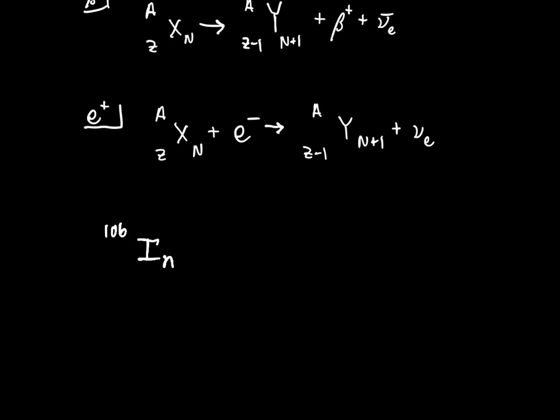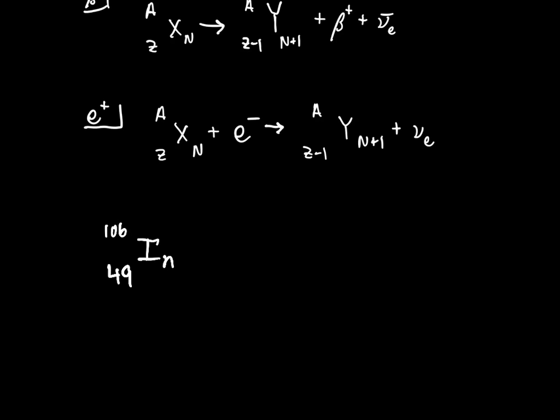Okay, so we need to bust out a periodic table. Somebody bust out a periodic table and tell me what is In. 49? Okay, so it's In. 106 is the mass number, 49 is the atomic number.